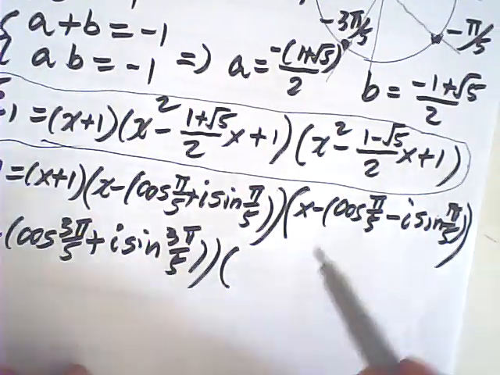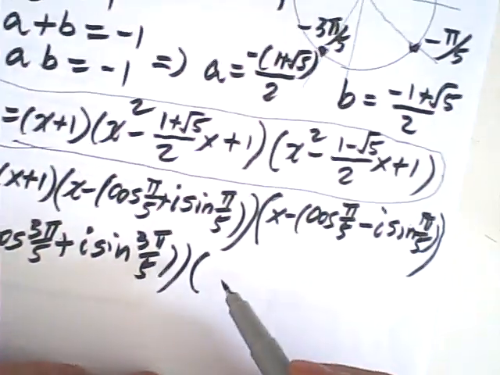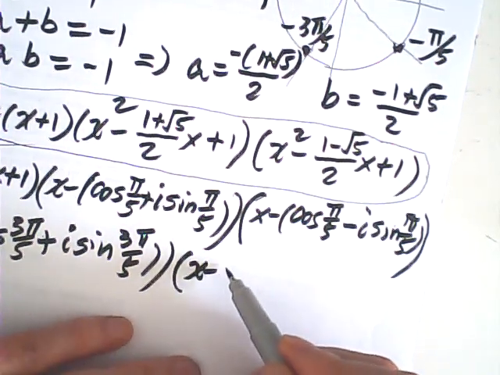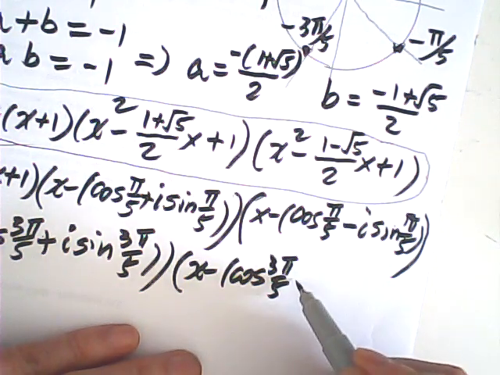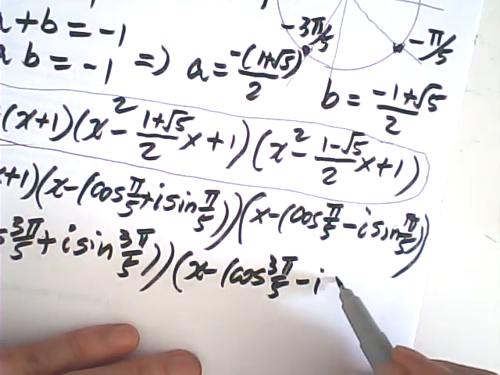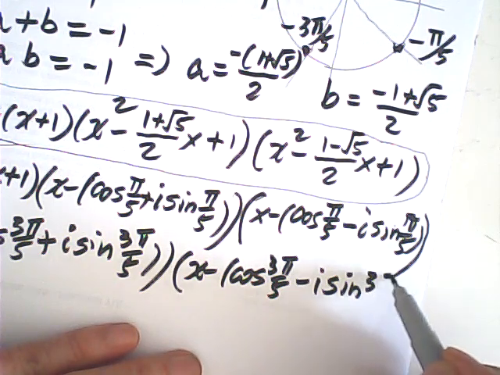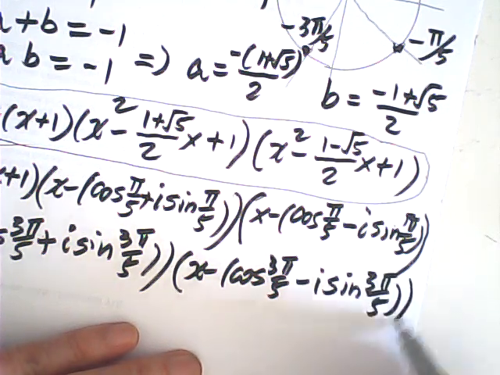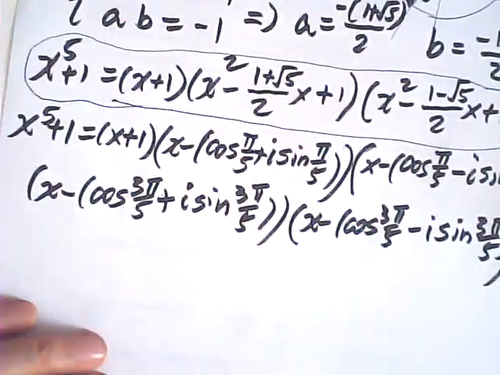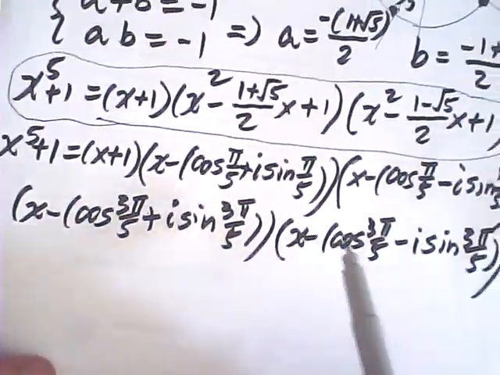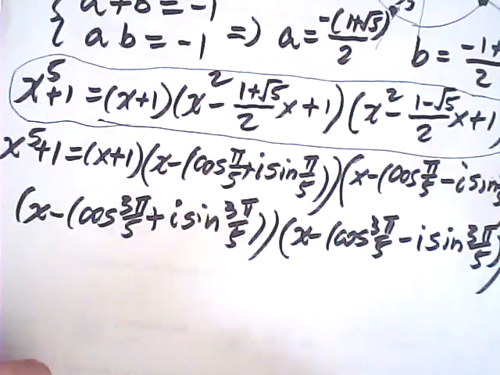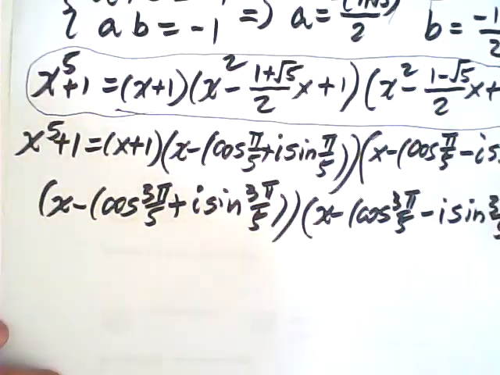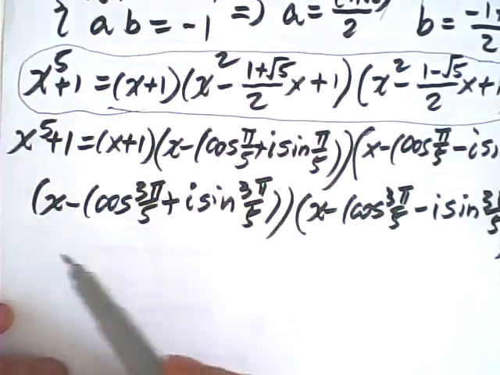And the last factor is coming from this root, which is x minus cosine 3 pi over 5 minus i sine 3 pi over 5. Well, these are 5 roots coming from x minus the roots respectively.